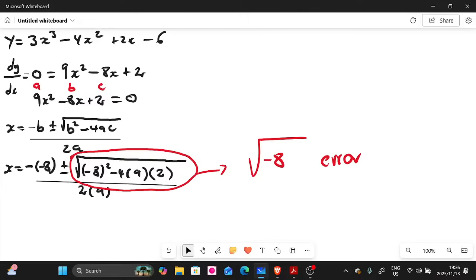You have to continue. But because we are doing calculus and limits, this part here is an error, right? So let's not continue. We're wasting our time.